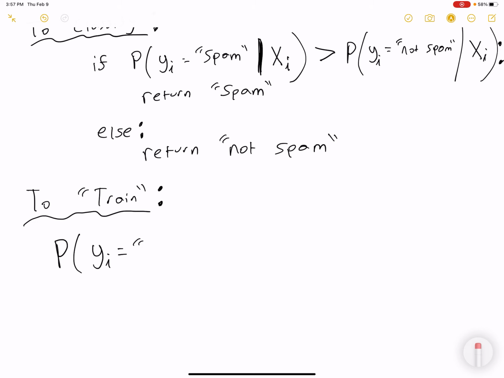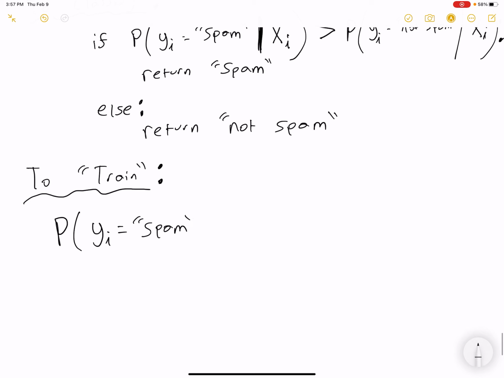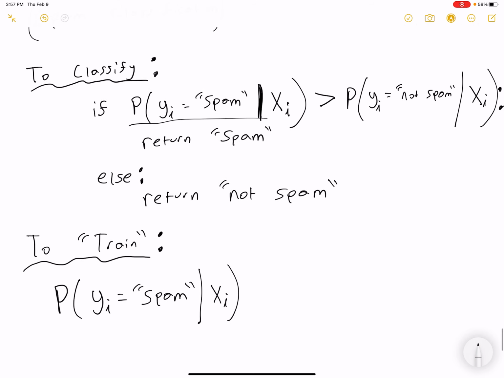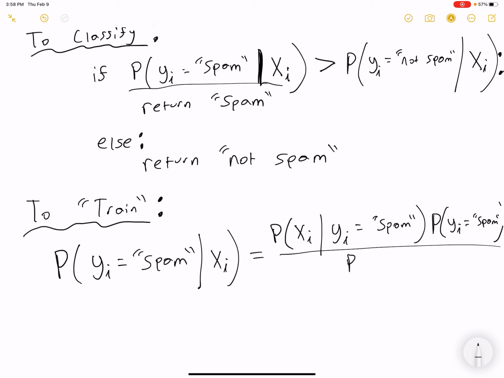So we could write out the probability just of spam given the data point, which is this first term, using Bayes' rule, as the probability of the data point given that yi equals spam times the probability that the data point equals spam divided by the probability of the data point.